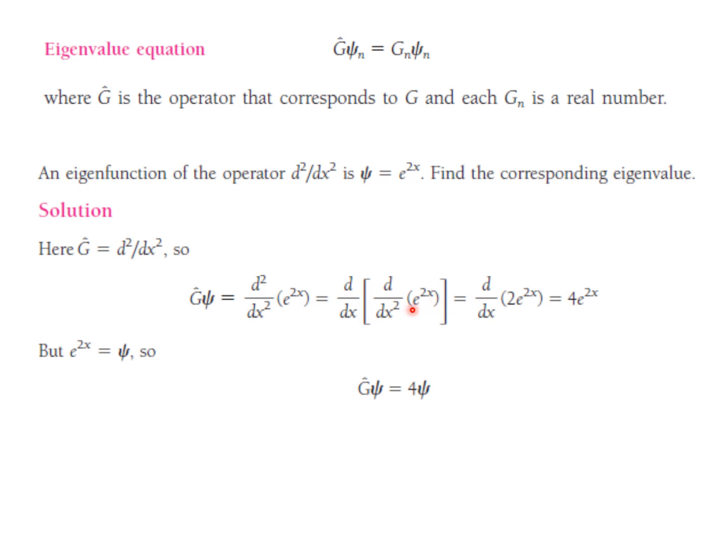We get first e raised to power 2x into 2, then again 2 into 2 into e raised to power 2x, so it gives 4 e raised to power 2x, and e raised to power 2x equals psi. So 4 times psi, and 4 is the eigenvalue, and psi equal to e raised to power 2x is the eigenfunction.